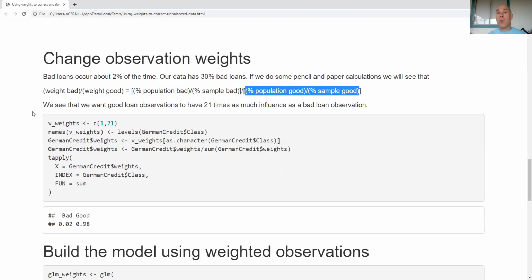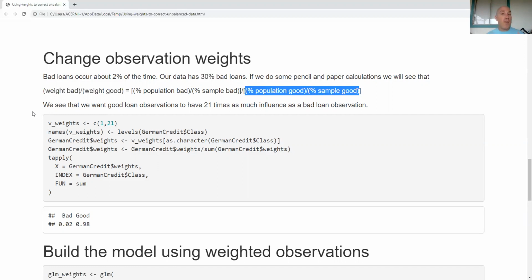All right, if you do the college algebra on this, we'll see that good loans need to have 21 times as much influence as bad observations. Now, I want you to notice something about this. I have more good observations than bad observations. If you look through a lot of the online documentation about unbalanced data, they talk about cases where you have very few observations of a particular level.